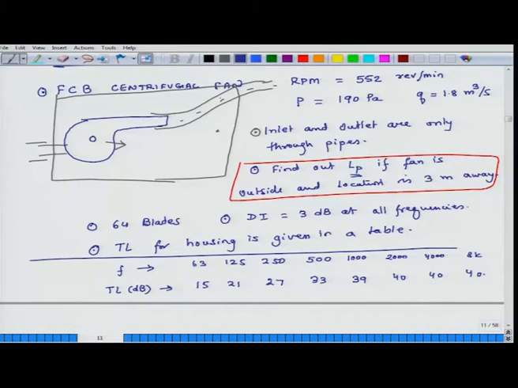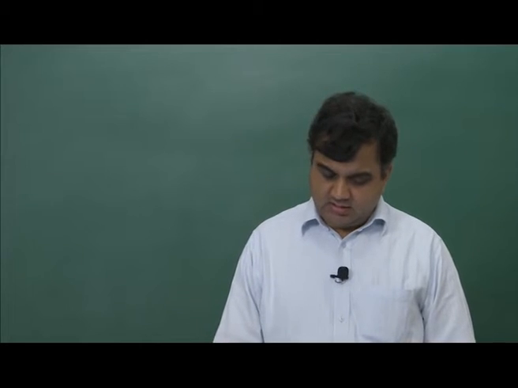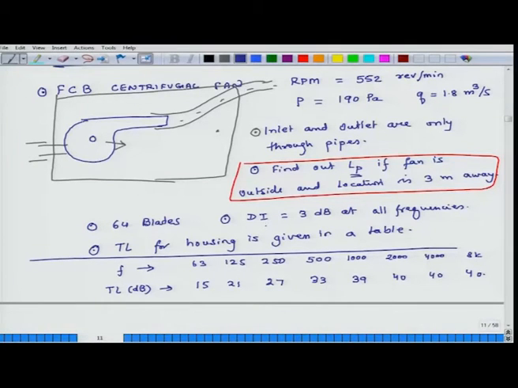The inlet and the outlet are not throwing out air in the open; it is taking air through a pipe to somewhere else. It has 64 blades. The directivity index with respect to the point of observation is 3 decibels. The transmission loss for housing is given in this table.